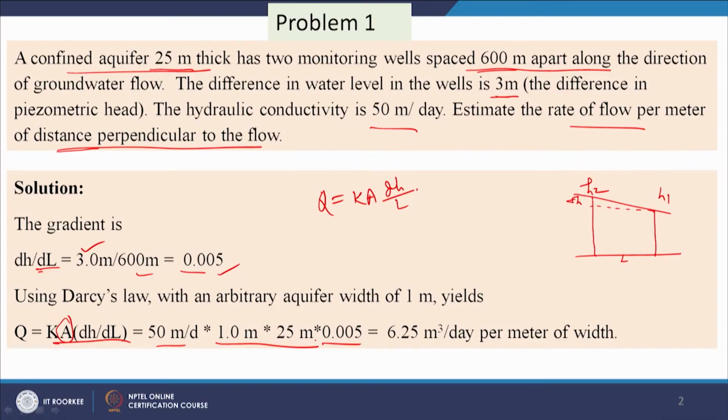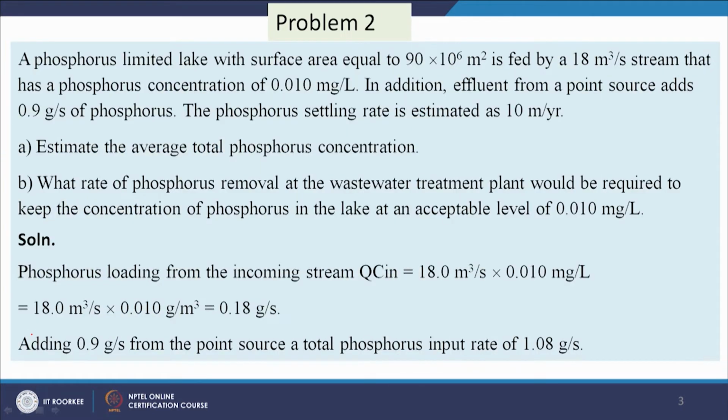So, 25 into 1 is the cross sectional area. That into 0.005 into 50 is equal to 6.25 meter cube per day per meter of width. So, now the problem is solved. We had to calculate this Q value, and now we are able to solve it.